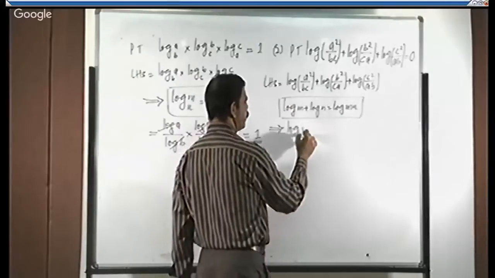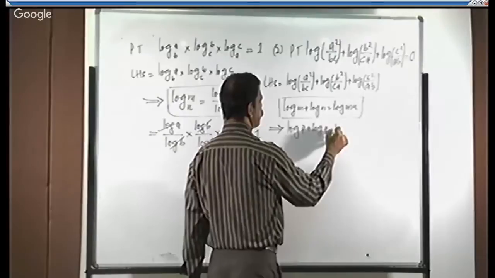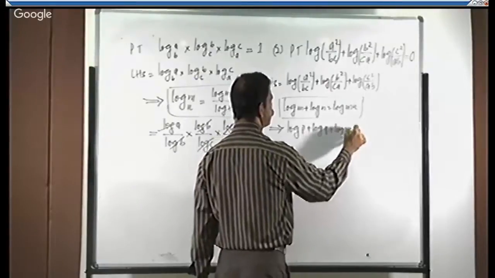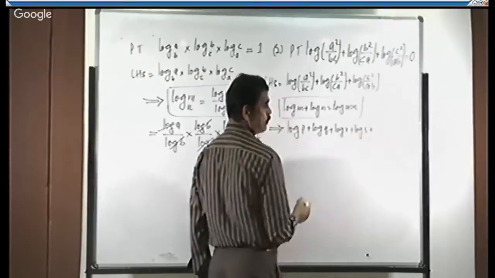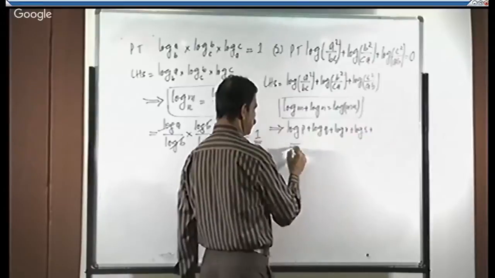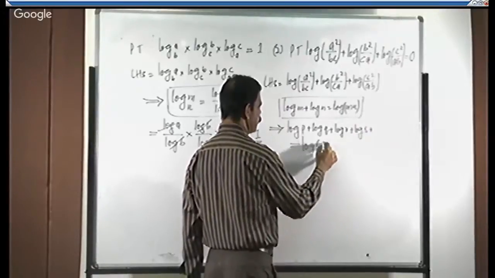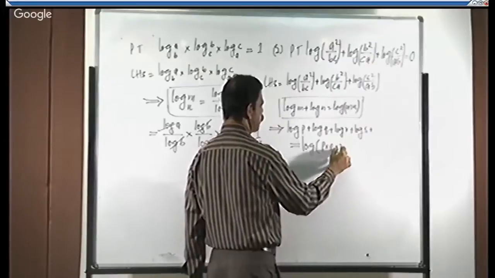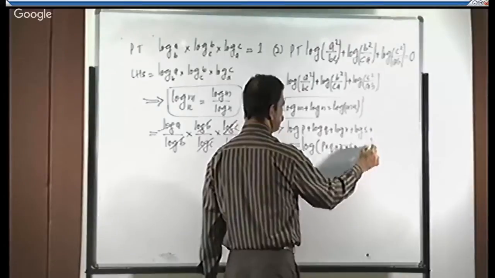See, log of p plus log of q plus log of r plus log of s, like that, you can have any number of terms. The same law can be extended here also. It will always be equal to log of p into q into r into s and so on.